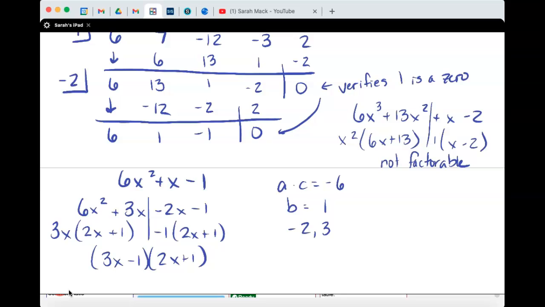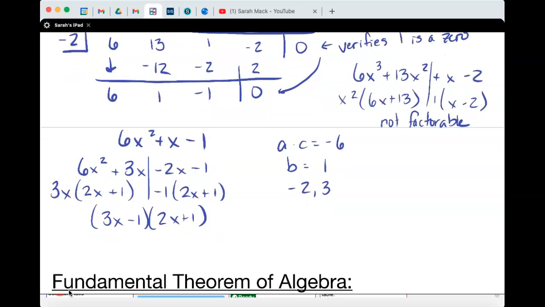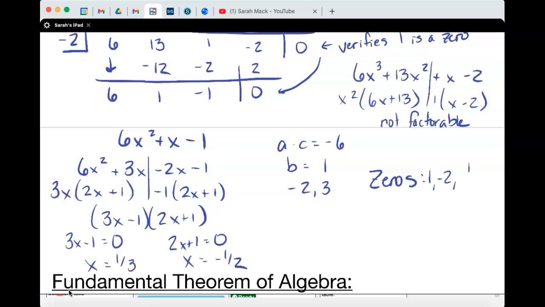So this is what I get out factored from my quadratic. I could then set each of them equal to 0 and solve. So if I listed all my zeros, I had 1, -2, 1/3, and -1/2. And I could have gotten 1/3 and -1/2 by testing those rational zeros. They fell into the possible list. They also asked us to write it as linear factors.